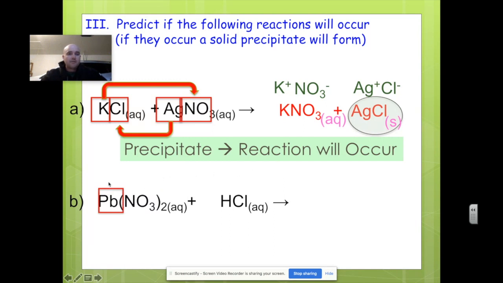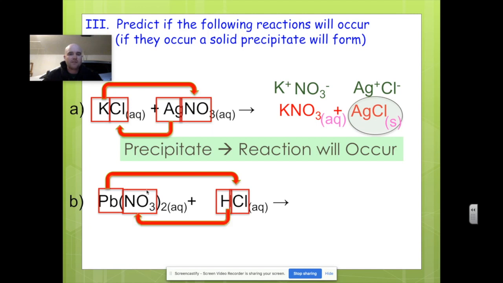Let's try that one more time. If we have lead nitrate and hydrochloric acid, lead nitrate will split apart, and then hydrogen and chlorine will split apart. The outside terms will pair together, and the inside terms will pair together.